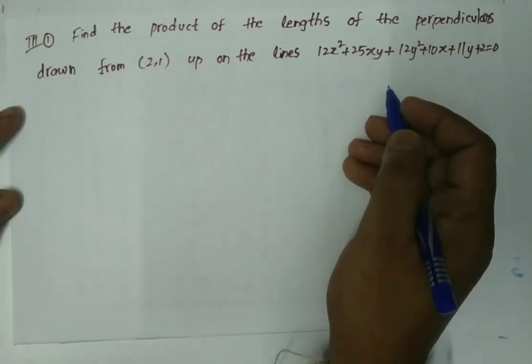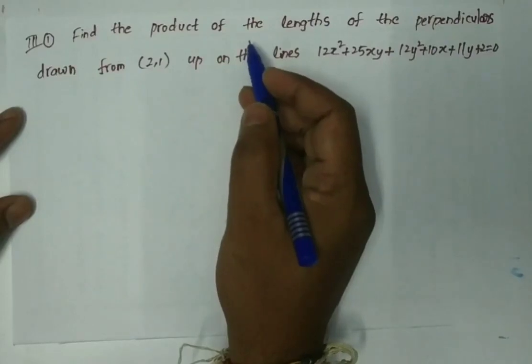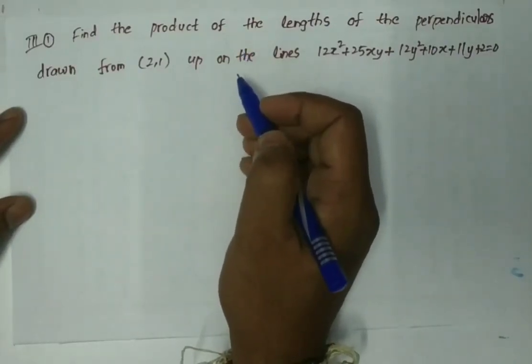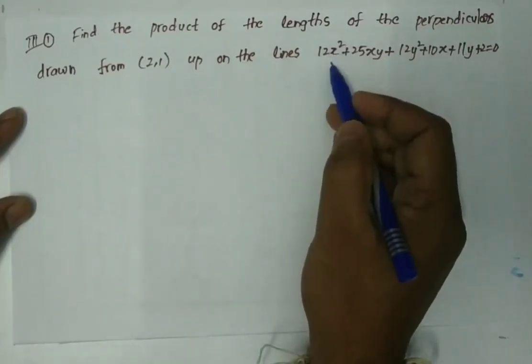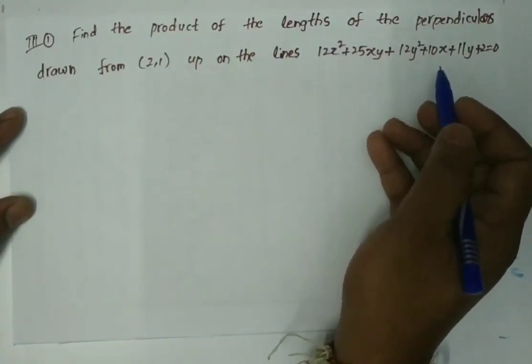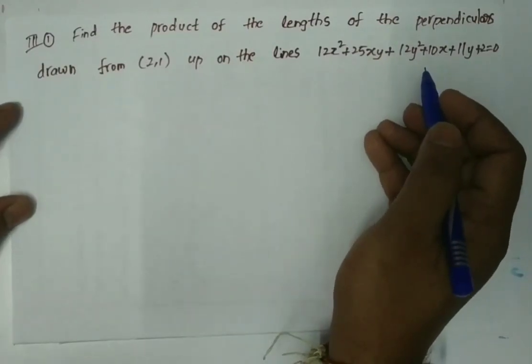Okay, so now in this problem we need to find the product of the lengths of the perpendiculars drawn from the point 2, 1 upon the lines, which are 12x square plus 25xy plus 12y square plus 10x plus 11y plus 2 is equal to 0.